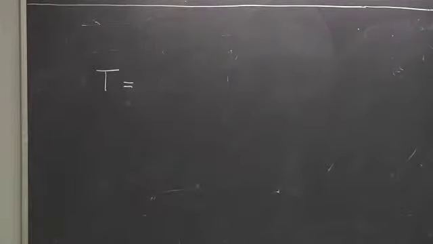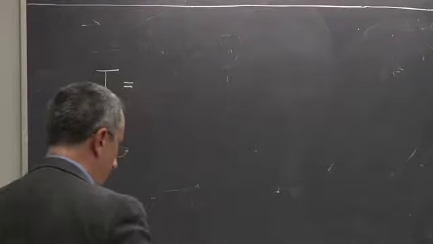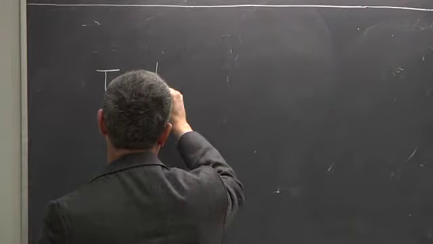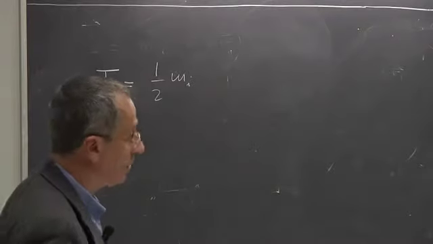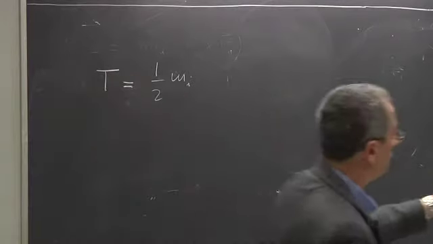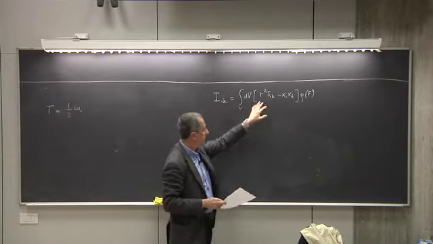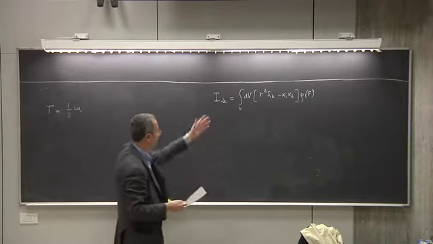Well, this is just 1/2 mv square, okay? That's always the kinetic energy. The only thing is that now, again, you have a collection of points. So let's do it just for the points. Then the generalization to the continuous distribution of mass is trivial.